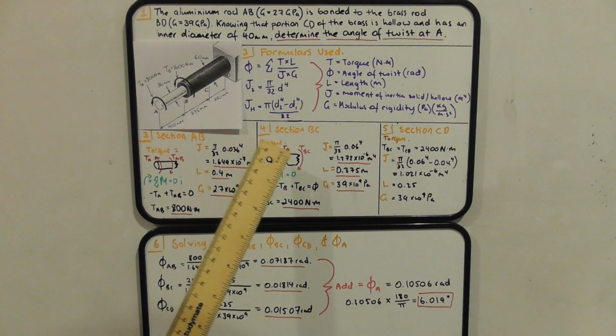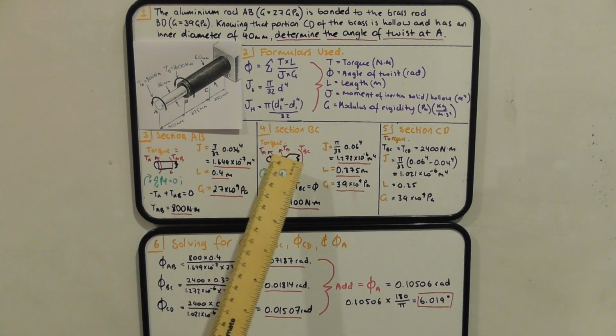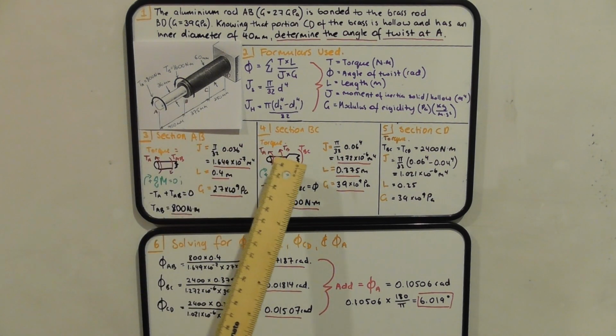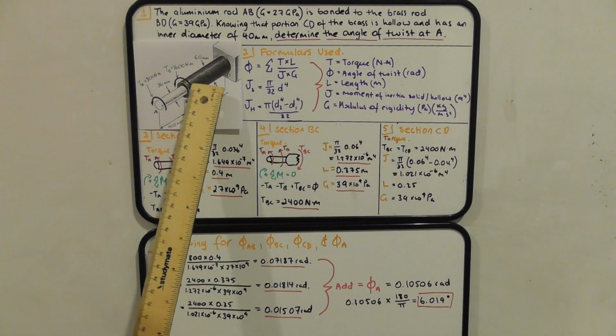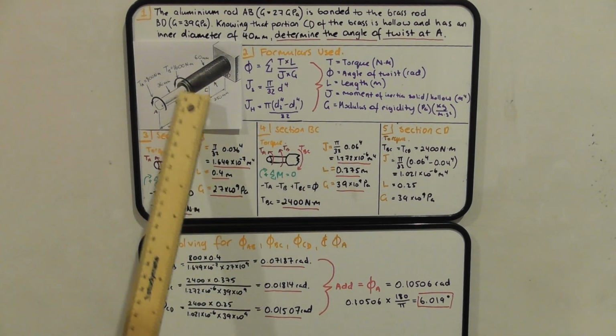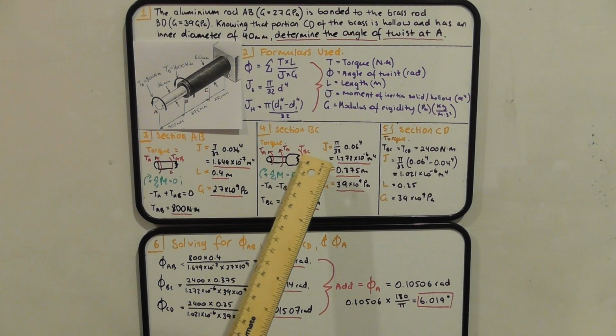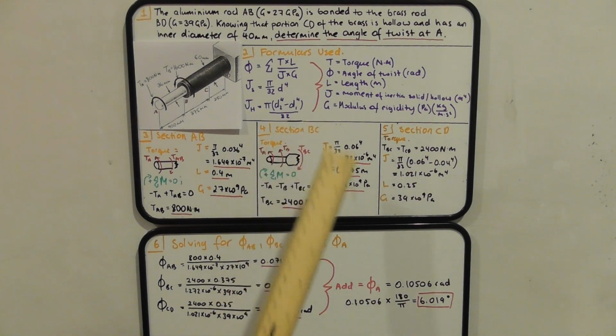Next, for section BC, we do exactly the same thing. We cut a little bit further up the shaft, and we have torque at A and torque at B, all spinning anti-clockwise, and then torque BC is a reactive torque that will spin clockwise.